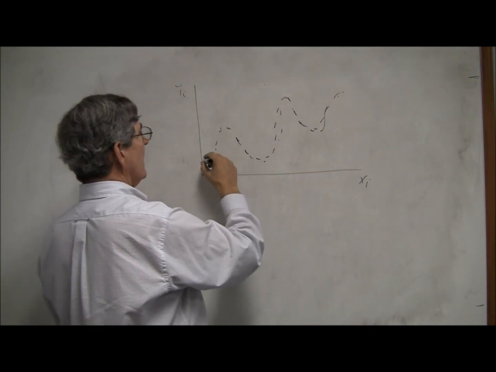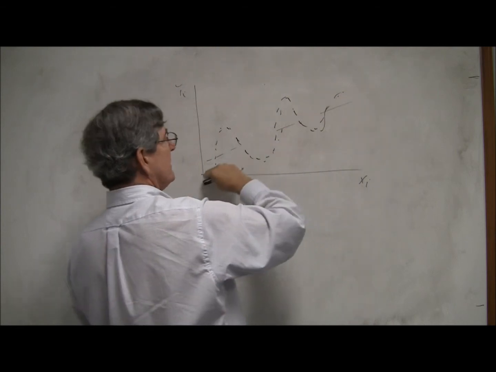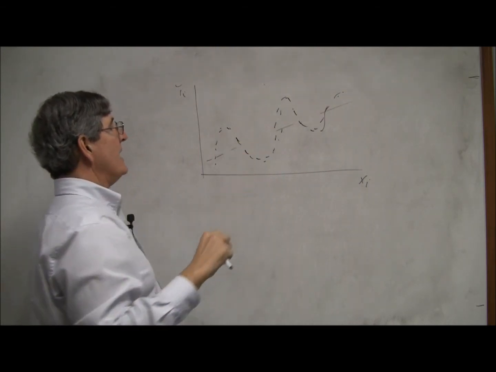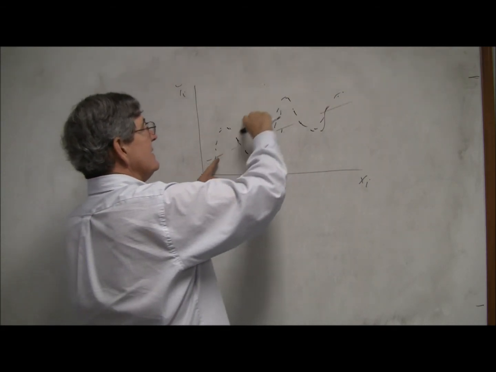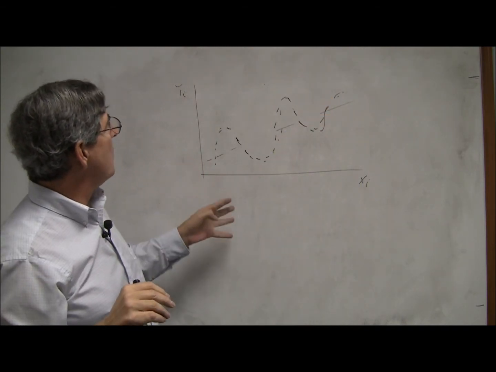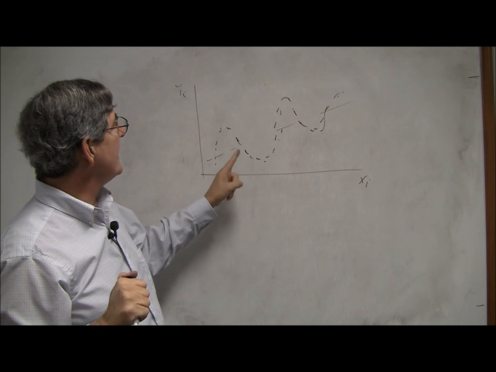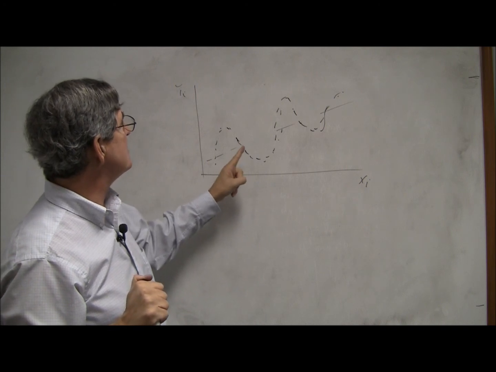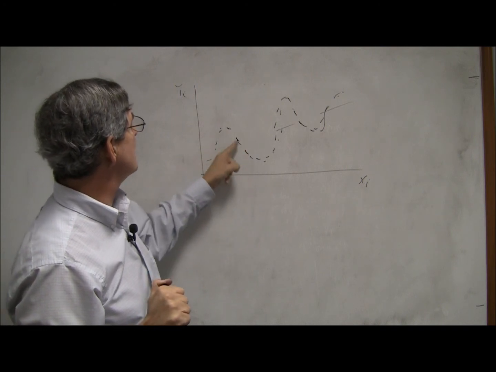With a linear model, I'm not going to get that close at all because I'm going to have to go right through there. With a quadratic, not so good. Even a cubic, not so good. But as I add more and more terms, I can get arbitrarily close to this line.